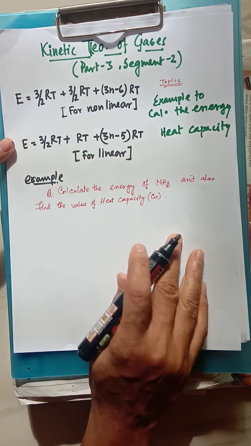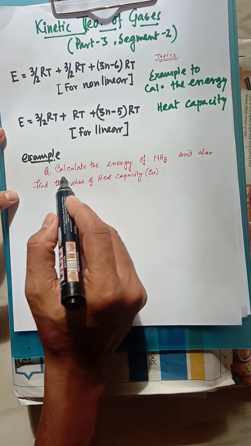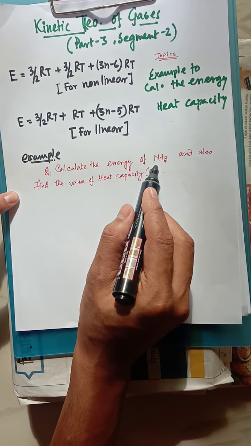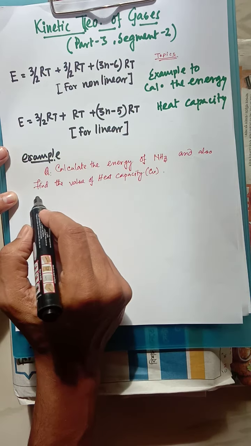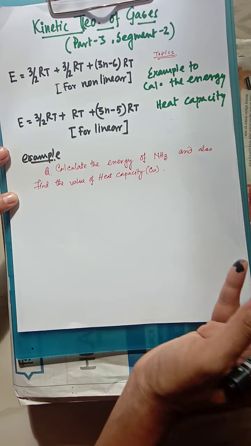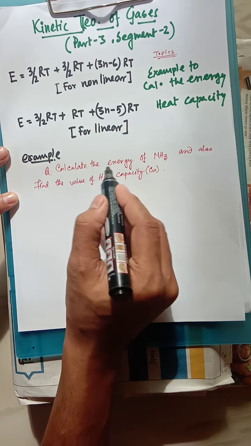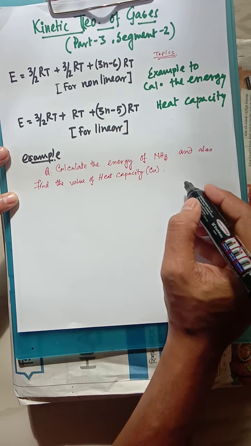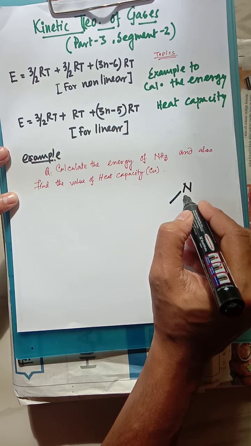Now one example: calculate the energy of NH3 and also find the value of heat capacity. The heat capacity term I will elaborate later, but the first part we can easily find out. NH3 is ammonia, and the structure is like this.